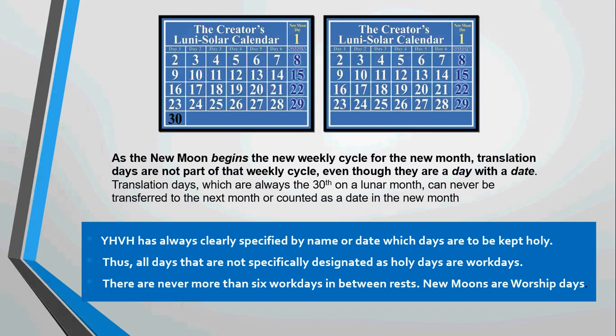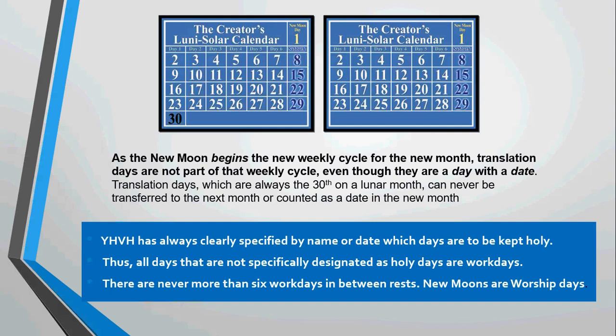As the new moon begins the new weekly cycle for the new month, translation days are not part of that weekly cycle, even though they are a day with a date. Translation days, which are always the 30th of a lunar month, can never be transferred to the next month or counted as a date in the new month.